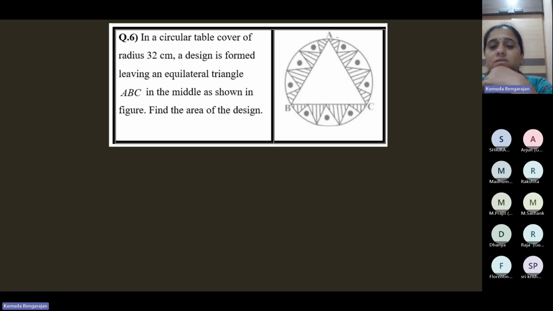How do we find the length of the side of the equilateral triangle? Is a question. Maybe trigonometric ratios. Correct, trigonometric ratios, right. Tell me, go ahead.